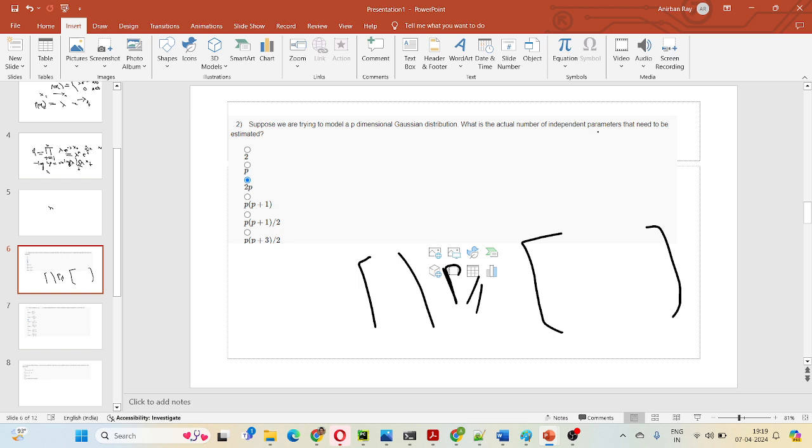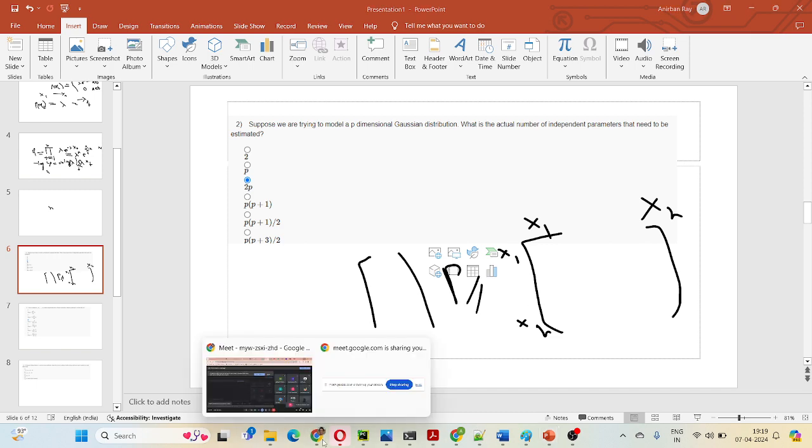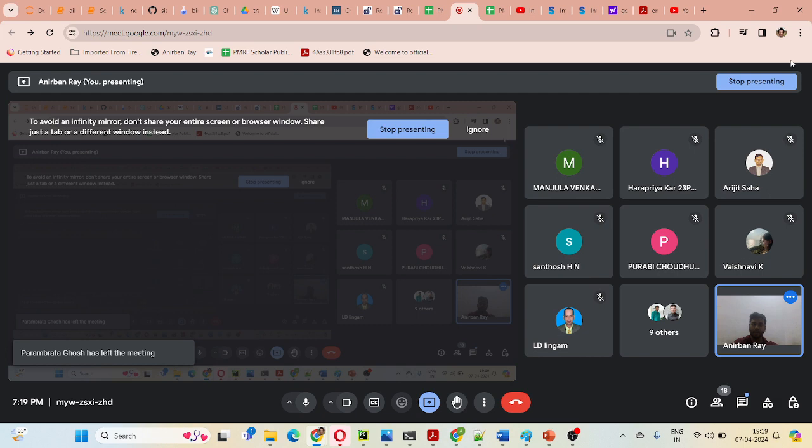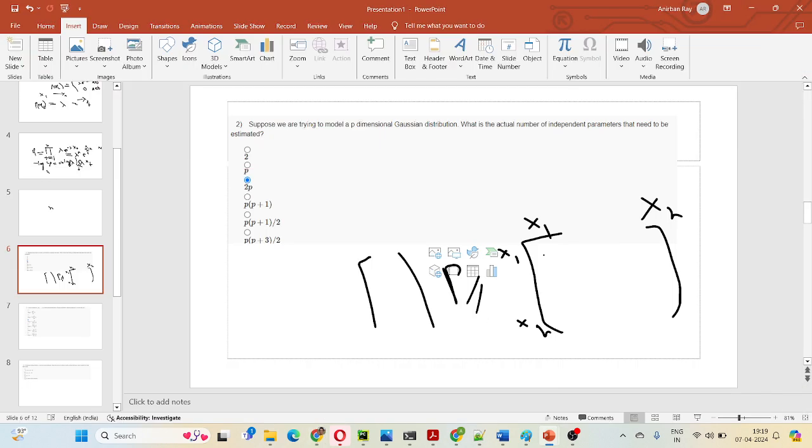The parameters here are the features, x1 till xn against x1 till xn. When forming the covariance matrix, along the diagonals you have x1 and x1, x2 and x2, x3 and x3, up to xn and xn.